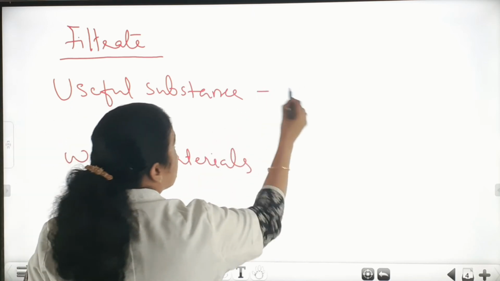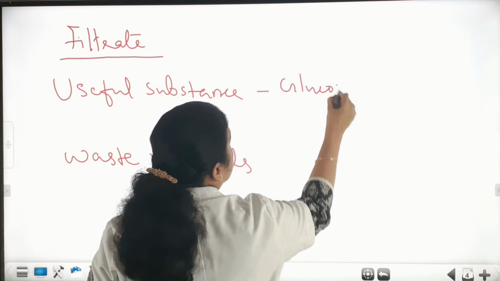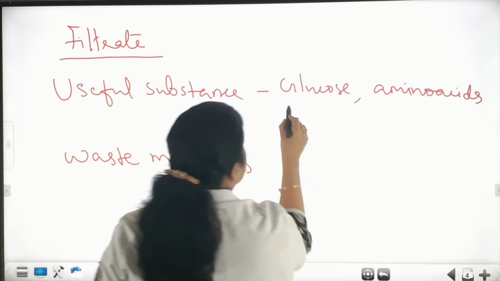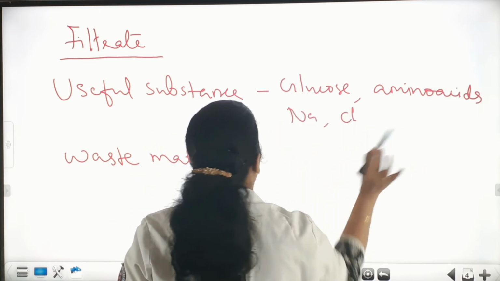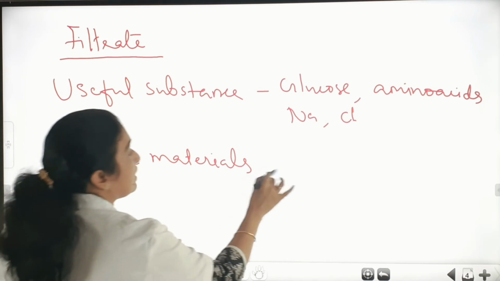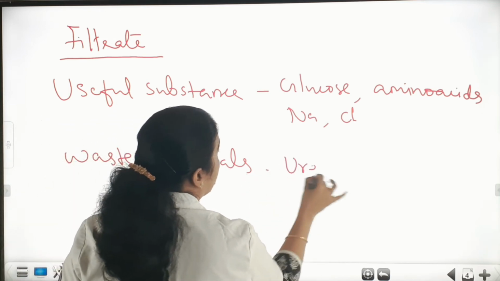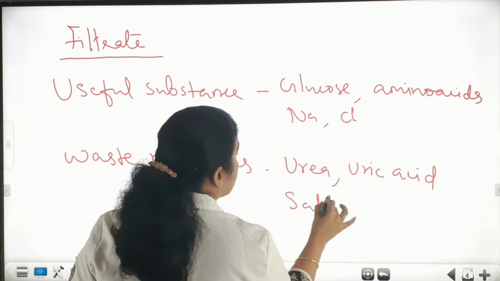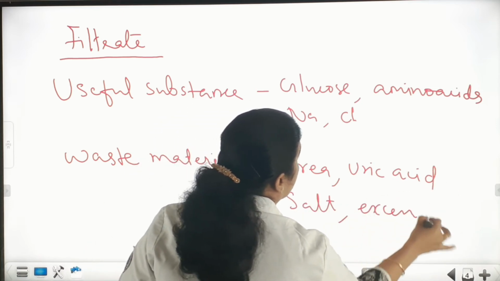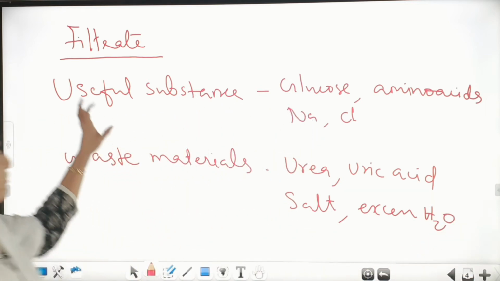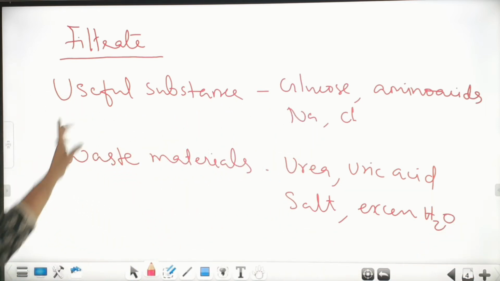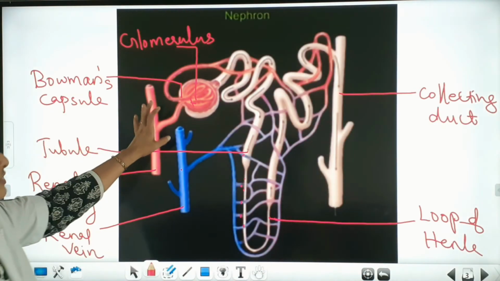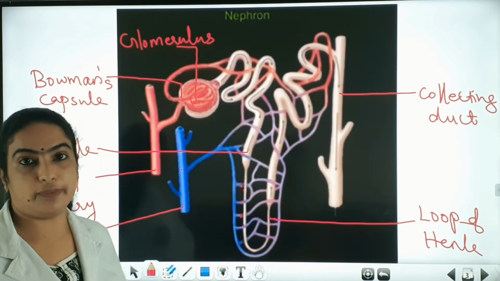The useful substances are glucose, amino acids, then ions such as sodium, chloride, etc. And the waste materials are nitrogenous wastes such as urea, uric acid, unwanted salts, then excess water, etc. So the filtrate consists of useful substances as well as waste materials. Here, this filtrate enters into the tubule.